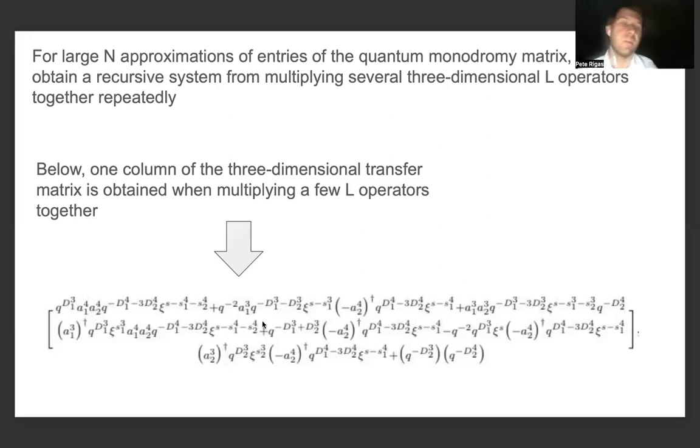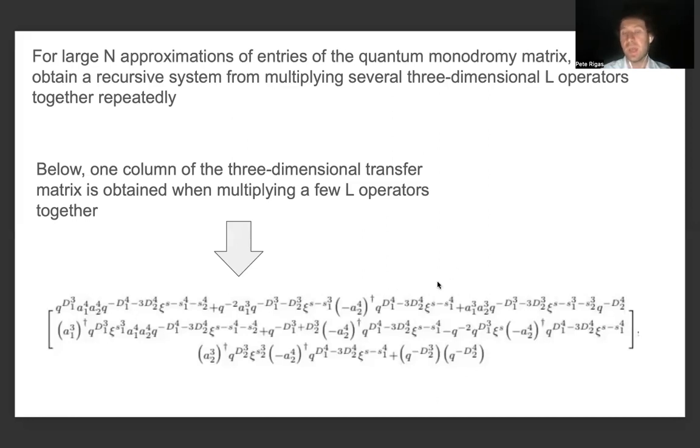So we can even have, as given in the second column of some finite volume approximation to the large n limit of the 3-dimensional transfer matrix, an A3 of 1 dagger term, as well as Q raised to this differential operator, as well as another psi 3 of 1 term, which is responsible for a complex value parameter that's mapping into the unital associative algebra.